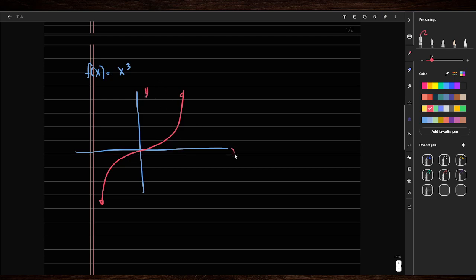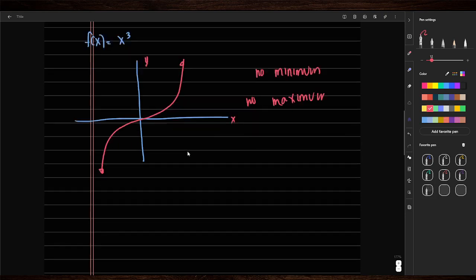So it means that you don't have minimum values and no maximum values, as you can observe from the graph, because it continuously becomes lesser and continuously becomes greater.